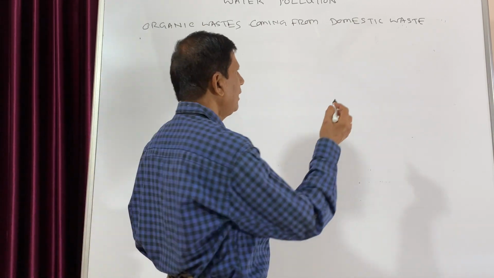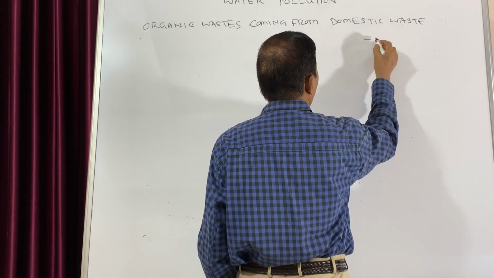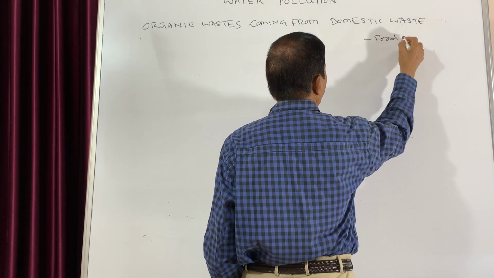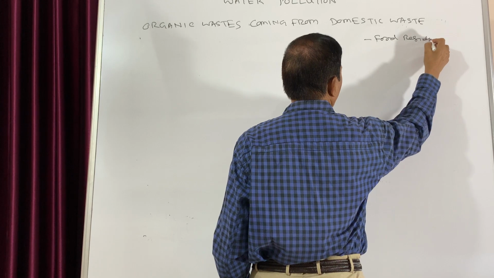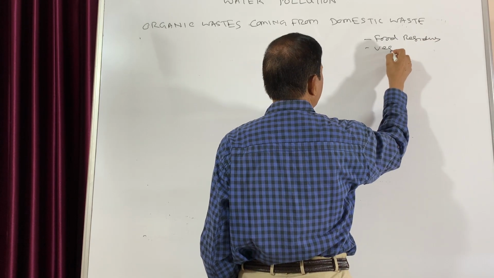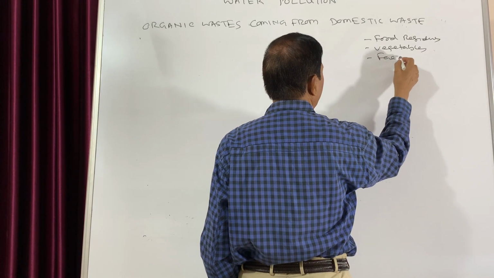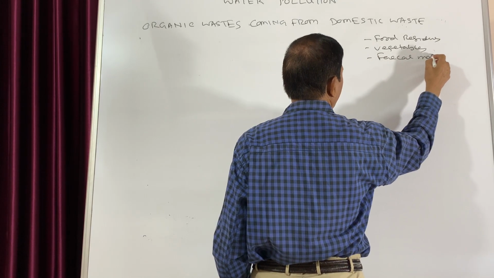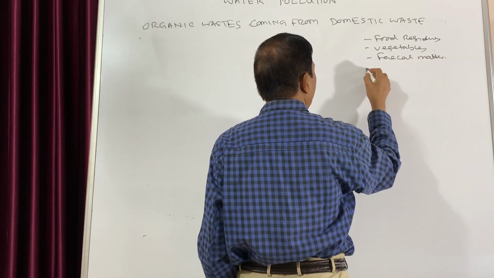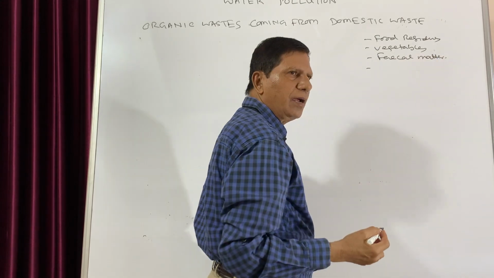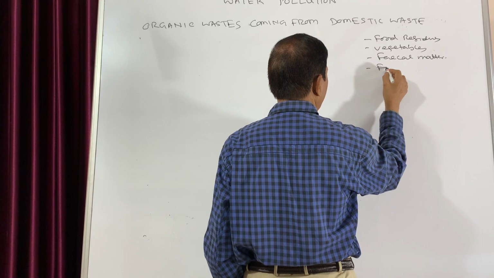So usually these are the food residue, then vegetables, then fecal matter, and then also it comes from the food industry.